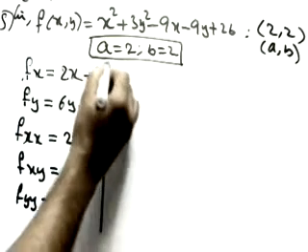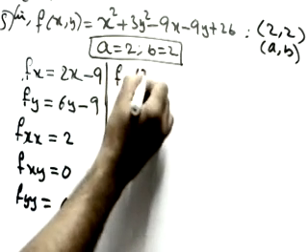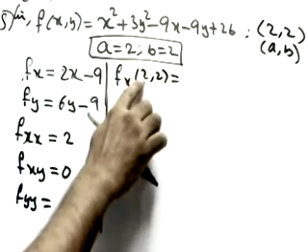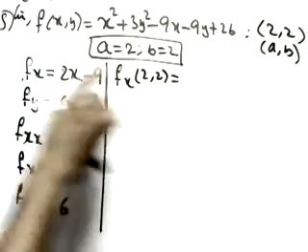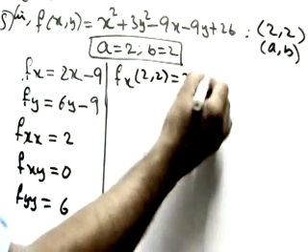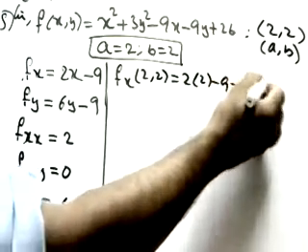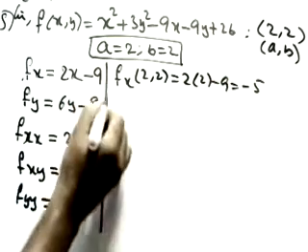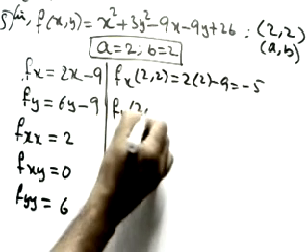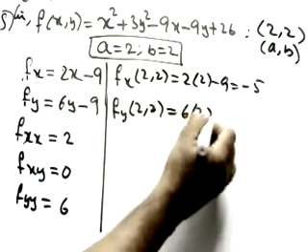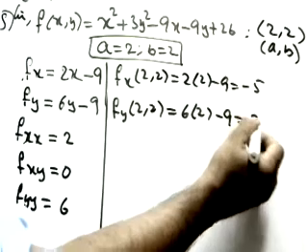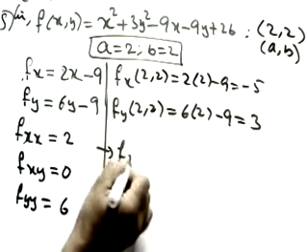Now we have to substitute these values. Fx of (a, b): in place of x put 2, in place of y put 2. So we substitute 2 into 2 minus 9, that is 4 minus 9, minus 5. In the same way, fy of (2, 2): 6 into y, which is 2, minus 9, this is 12 minus 9, 3.